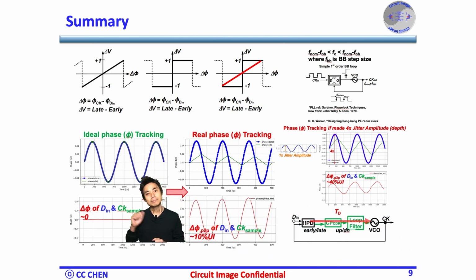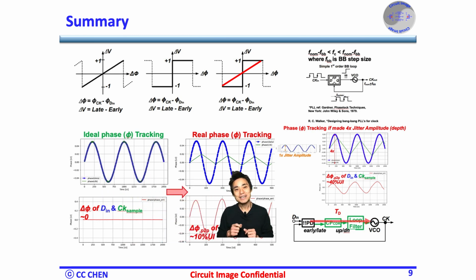Therefore, a simplified phase tracking model in the time domain is a must to get the bang-bang loop dynamics quickly. The ideal phase tracking shows a design target, but a few caveats like the limit cycle or slew rate limiting could still happen, and we need to watch out for them in the bang-bang modeling.